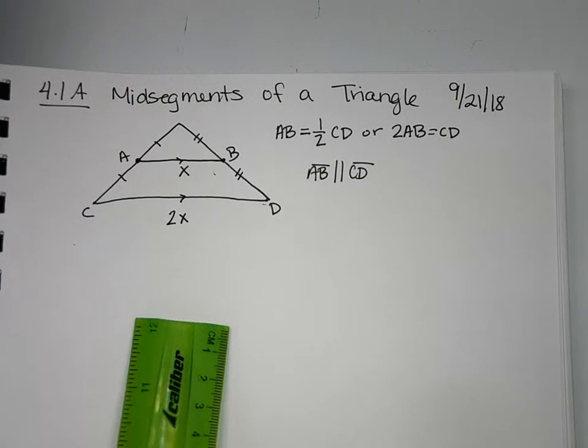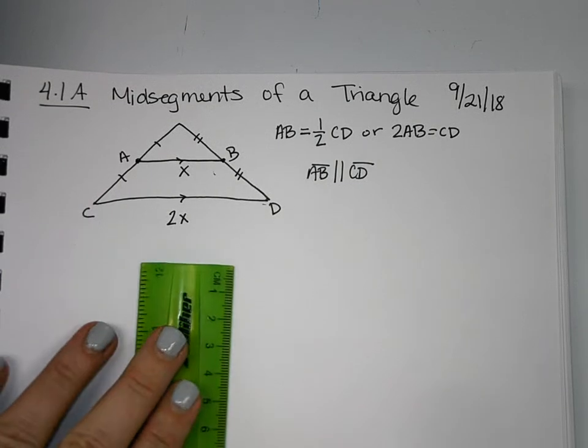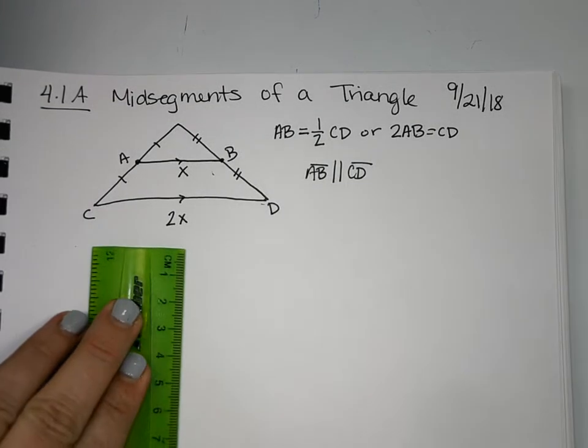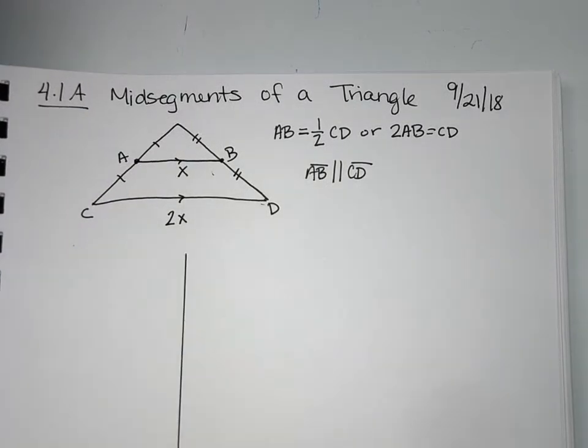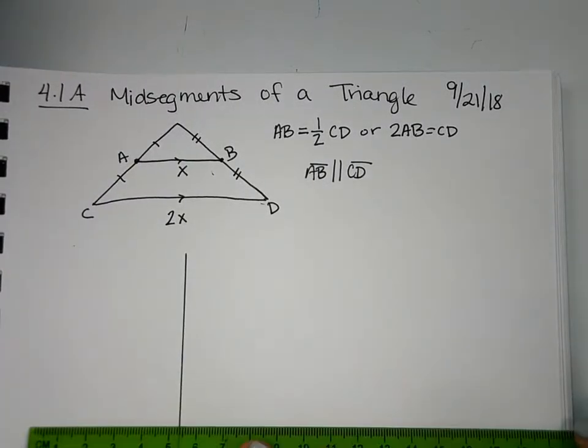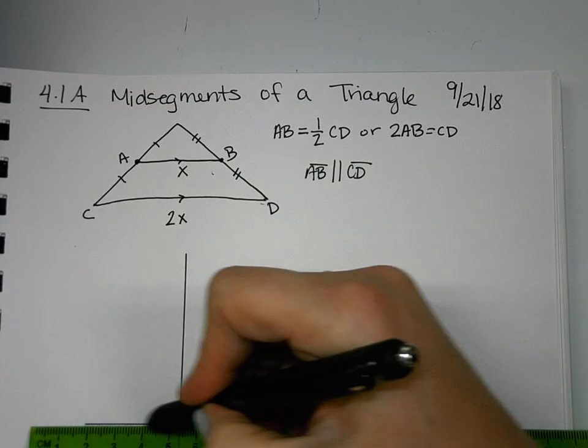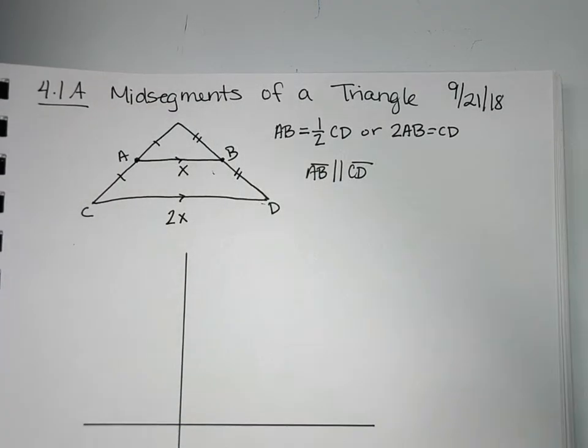So once you have that written, go ahead and draw yourself a coordinate graph. So that means an x and a y axis. And we're going to plot some stuff on it.